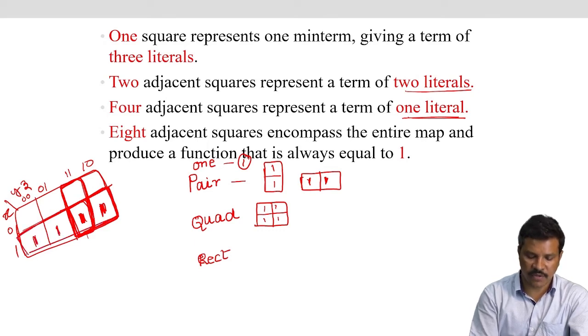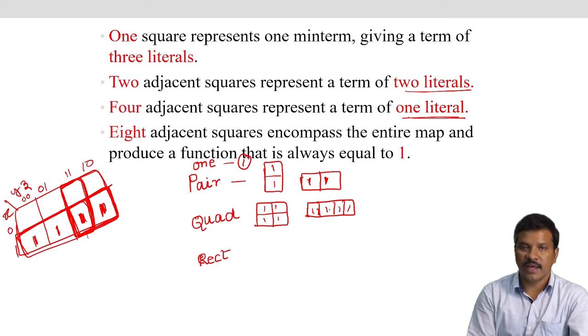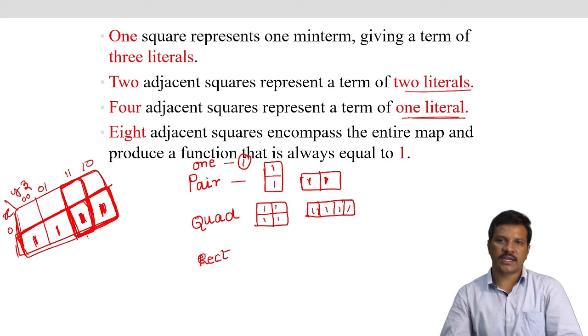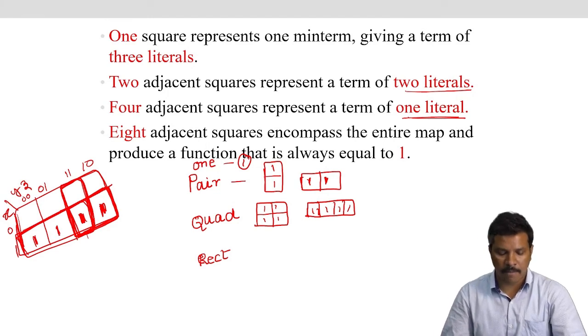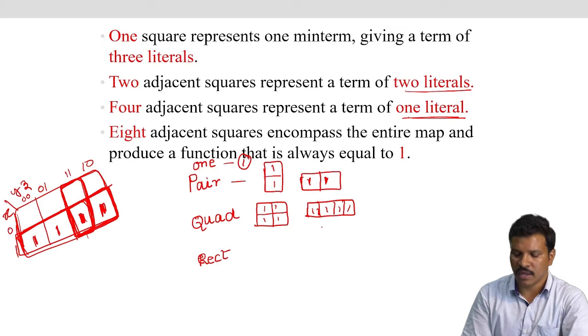So this can be represented with this rectangle, four ones like a square. We can also represent it with this one. This is also one quad in the 3 variable function. In this, the x variable is in two rows in horizontal and yz in the vertical direction. In this K map, we can have a quad in a square shape and in a rectangular shape, with adjacent four ones.